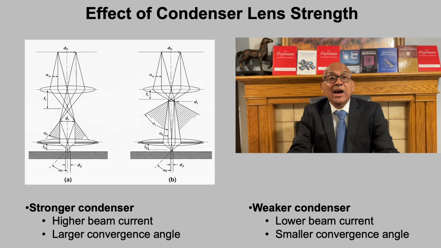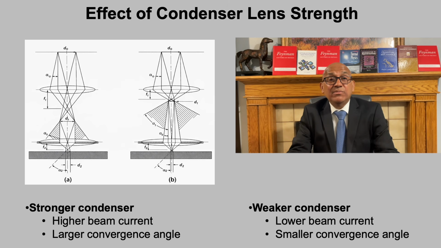This slide shows how changing the condenser lens strength affects the electron beam before it reaches the specimen. On the left side, we have a weaker condenser lens. Because the condenser is weak, the beam is not tightly focused upstream. As a result, fewer electrons are delivered to the specimen, giving a lower beam current.